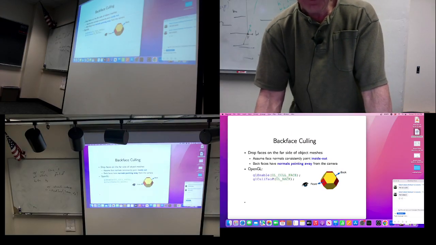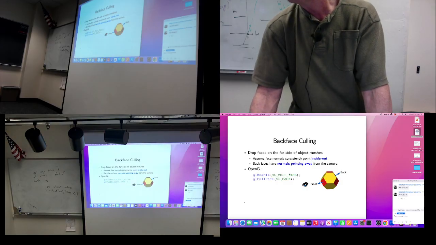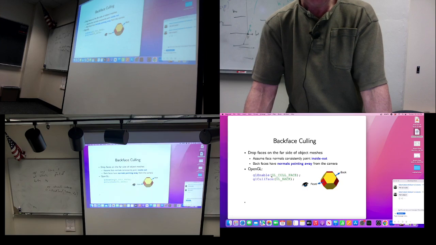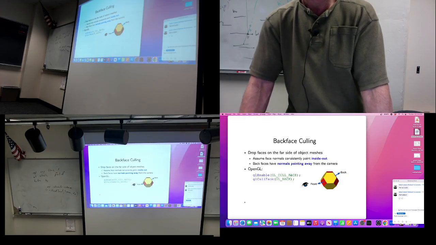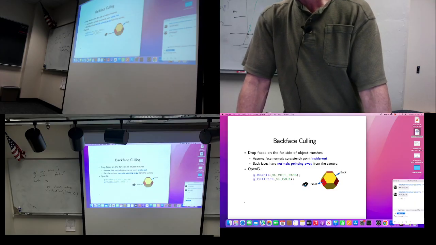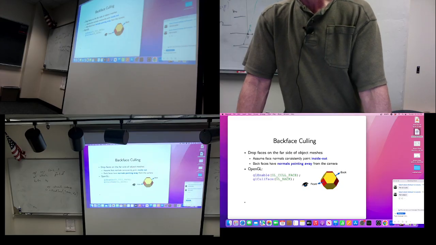Let me remind you what backface culling is. If you want backface culling to work, you have to tell WebGL to use it, which you do by setting 1 bit in a set of parameters. Give me an example where you don't want backface culling. I need to think about it.